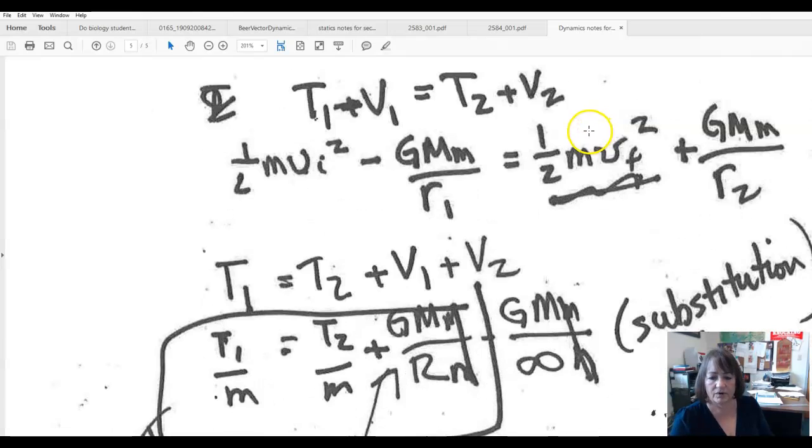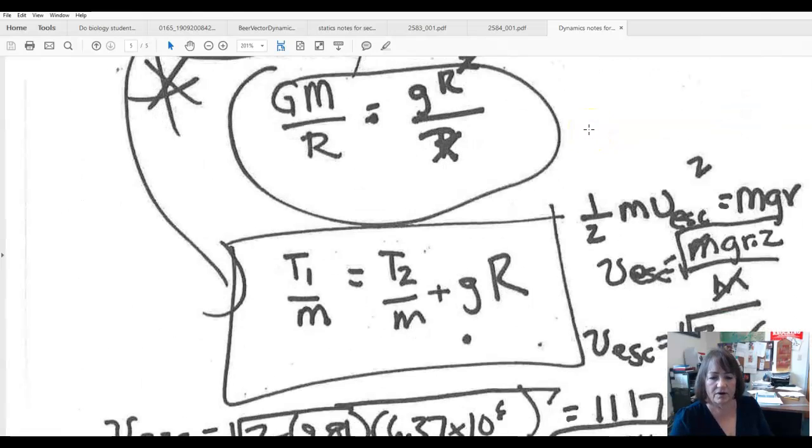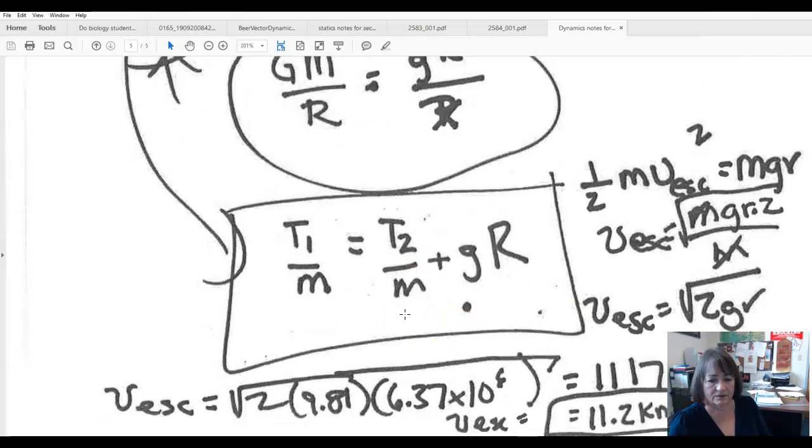And at that point, we are able to arrive at this same identity, but T2 over m, once again, is equal to 0. So we can find that kinetic energy per unit mass. After we find that, which is this value, we can set that equal to the kinetic energy per unit mass, 1/2 v squared, when we divide out the m, and then we come out with this value.